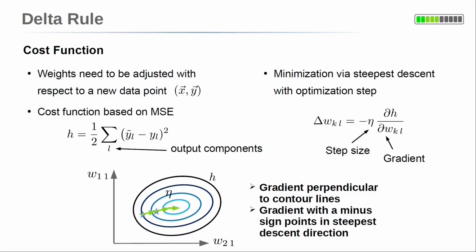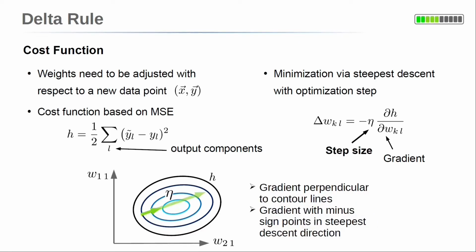Further, the gradient points in the direction of steepest ascent, or with a minus sign along the direction of steepest descent. So the minimization tries to find a new location in parameter space with a smaller value of the cost function. The step size eta is a fixed value which determines how far to go in the direction of steepest descent. If you want to learn more about this, please take a look at the section on model training.